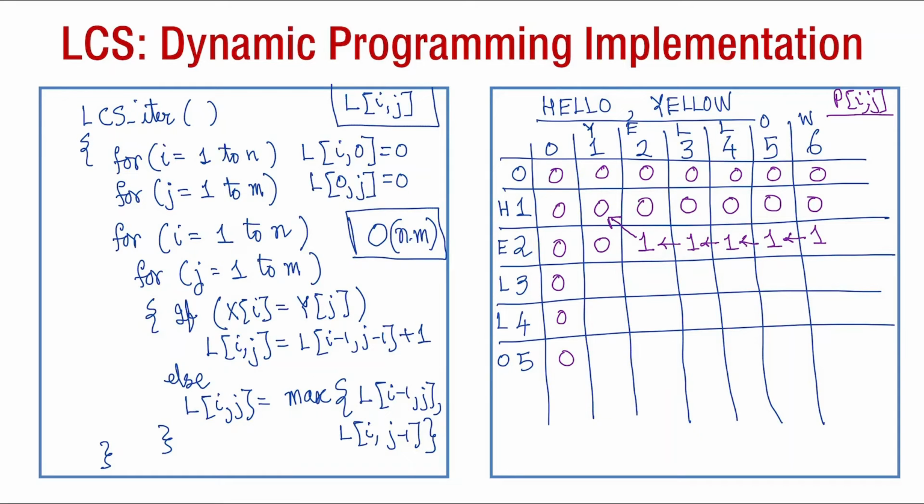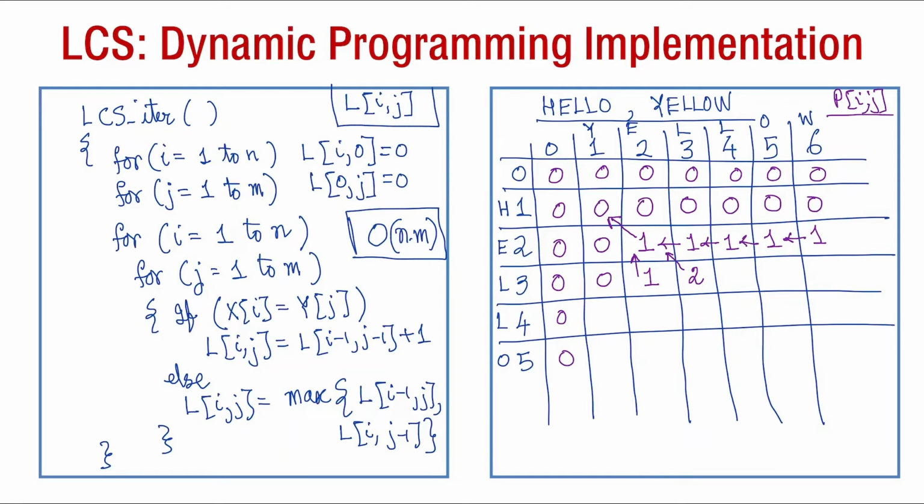Similarly, we now come to here. L will not match with Y, so this will be 0. L will not match with E, but this will be 1 because it will be derived from its parent. Now L and L will match, so it will be derived from the diagonal, and we will get 2.